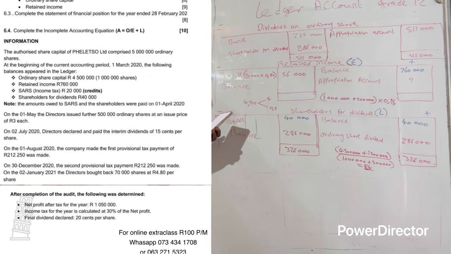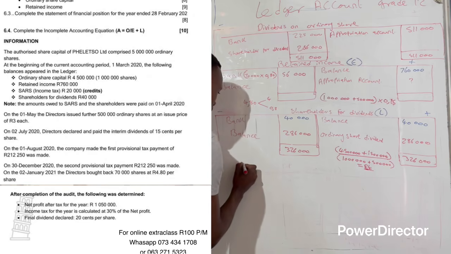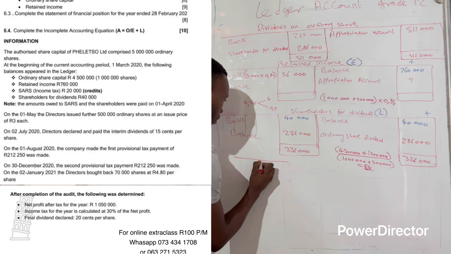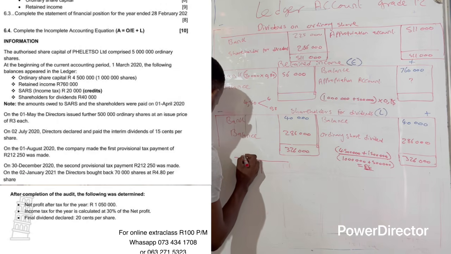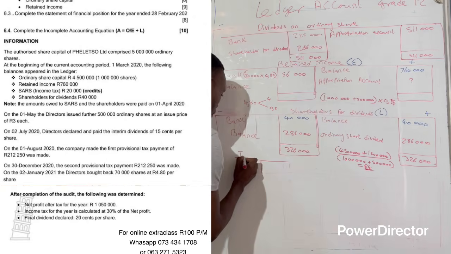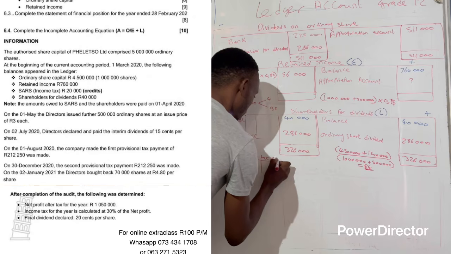Okay, and there was another account, guys. This account is very little. I think even if I just draw it like this here, the account is called income tax account, not SARS income tax account, income tax account.